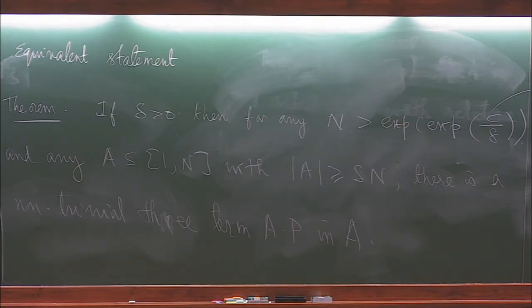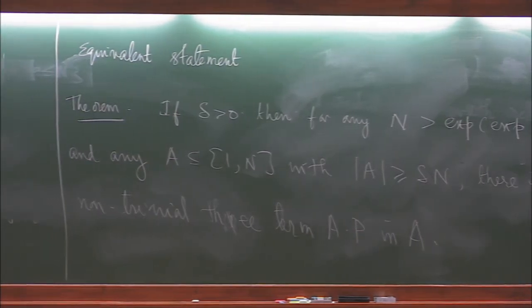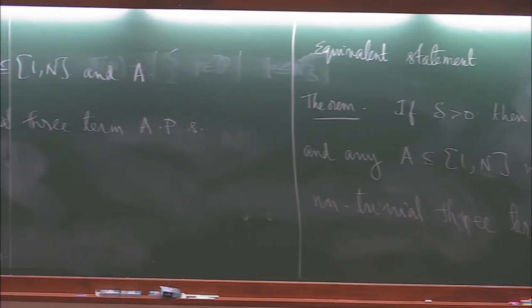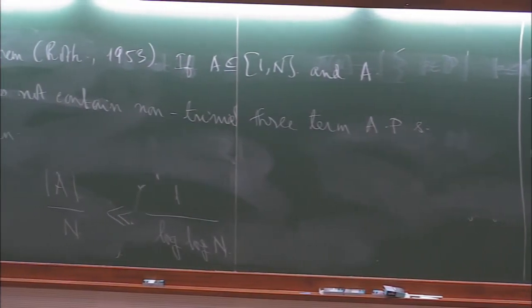But the point will be that now we have benefited a lot from hindsight. So the proof of Roth's theorem I'll give is not at all the original proof. It's a proof based on Green's theorem. Inspired by Green's theorem, Olaf Sisask and Croot came up with a proof of Roth's theorem after Green's theorem. So we'll give that proof. That will already contain the elements of how Green's theorem works.